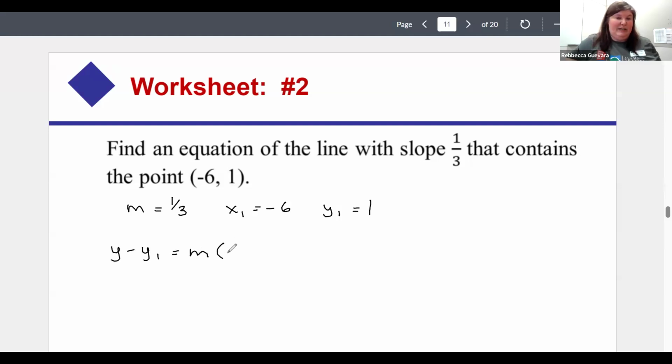So this is my point-slope form again. So y minus y1, so y minus 1, equals 1/3 times (x minus x1), which was -6, so minus -6, or you could just say +6. We'll keep going and solve for y.